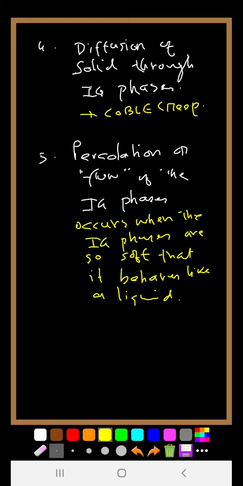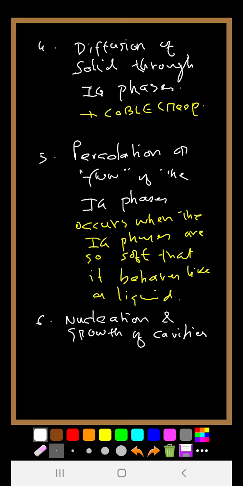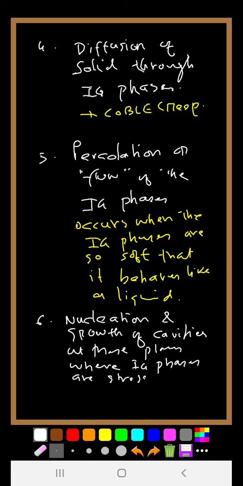The nucleation and growth of cavities at these places where the IG phases are stressed in tension, that is called cavitation, is the primary mechanism of creep failure.